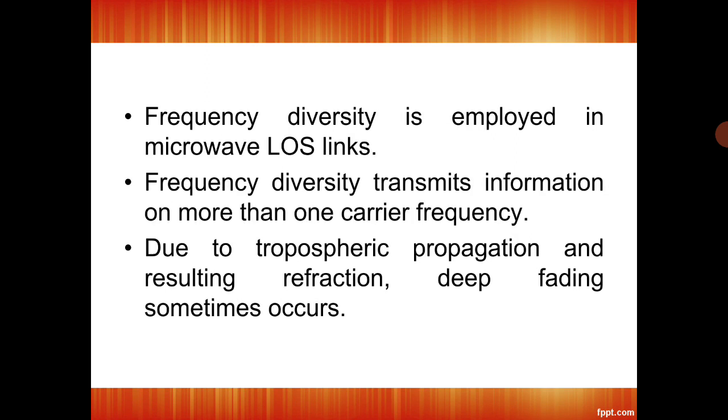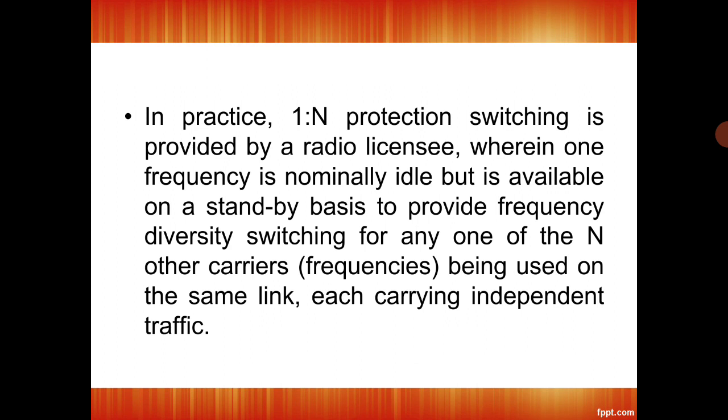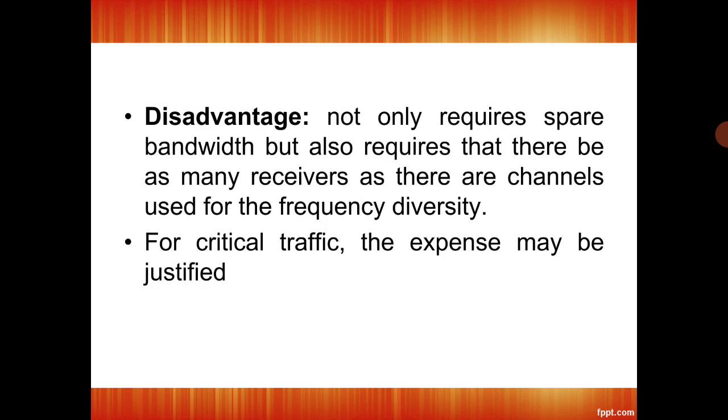Frequency diversity is employed in microwave LOS links, where some deep fading effects occur. In practice, 1:N protection switching is provided in radio links to handle this properly. The disadvantage is that it requires separate bandwidth, which is the main drawback.